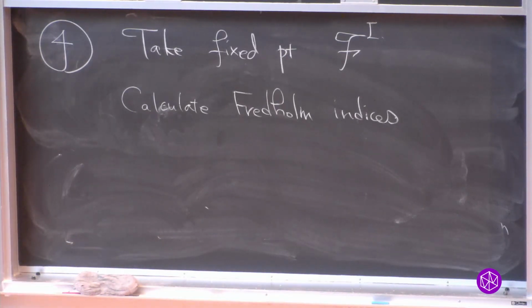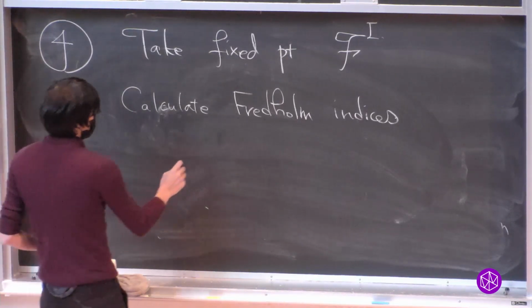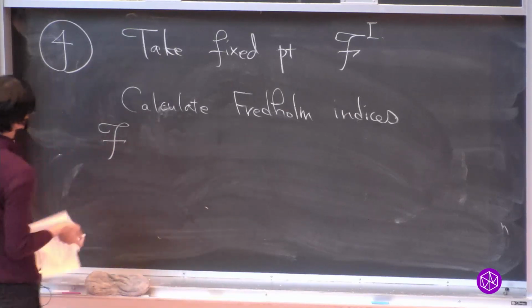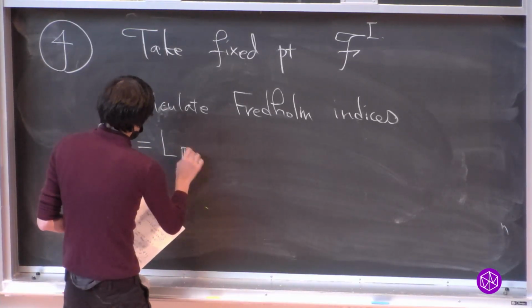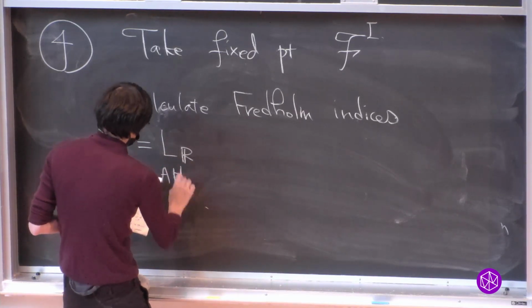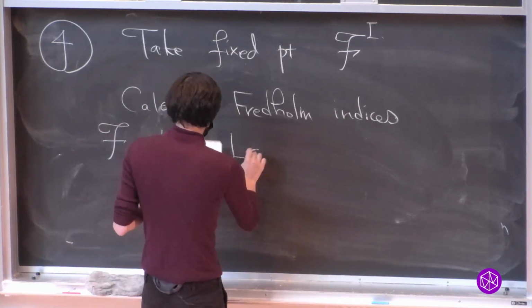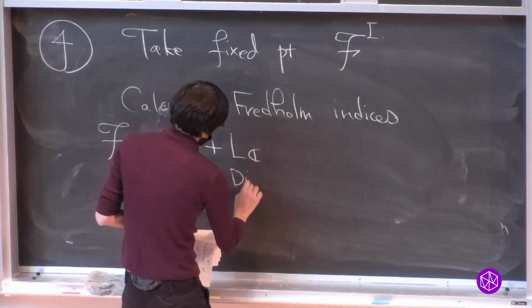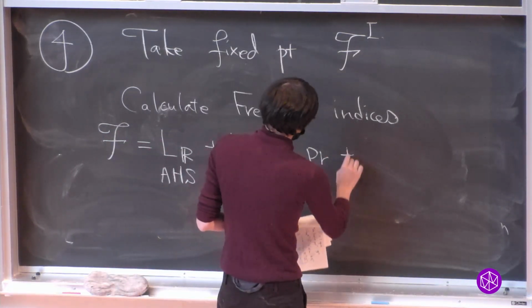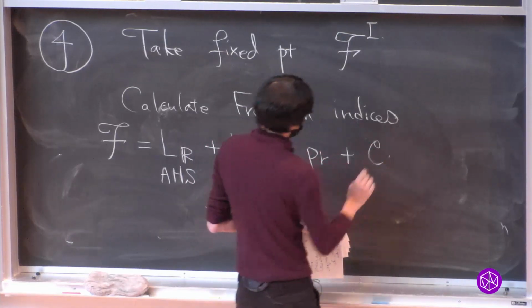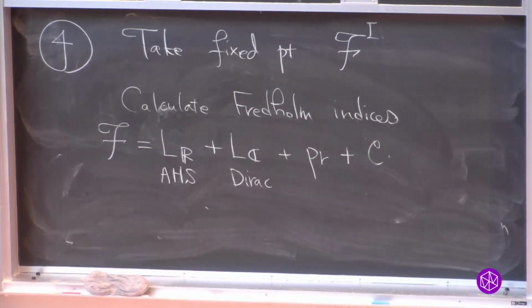So let me just say, the Seiberg-Witten map F can be written as the real part corresponding to the adjoint of the single, plus the complex part corresponding to the Dirac operator, plus the projection and the other part, the compact part.